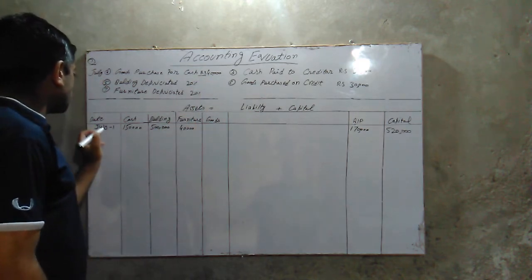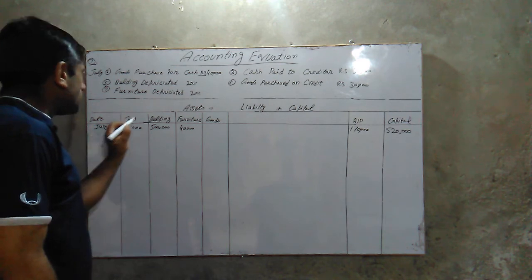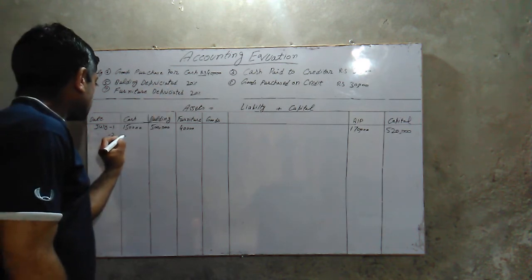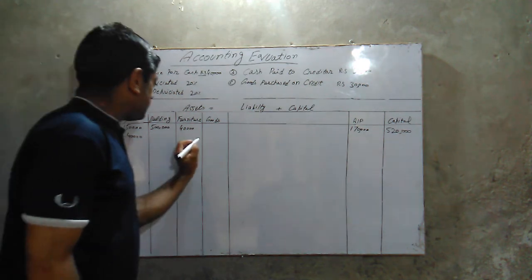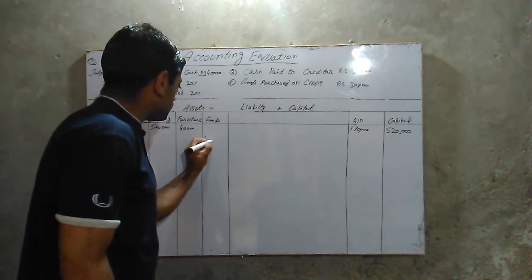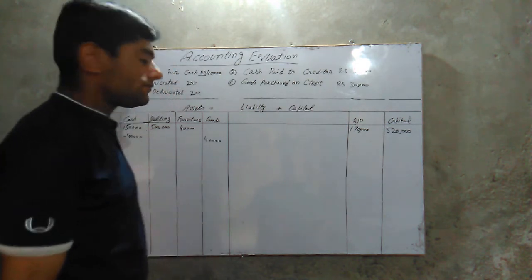So 2nd July, cash paid and goods bought 40,000.